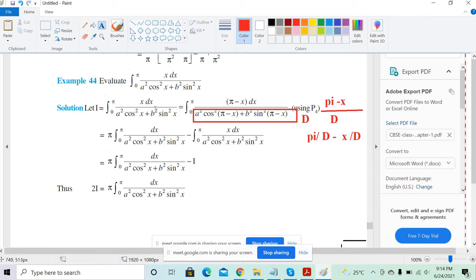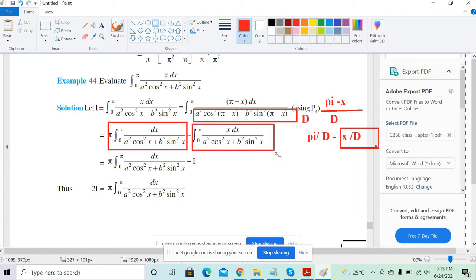So that's what is done here. The denominator is this: pi is the numerator and this entire thing is the denominator. And this is x, and this part, x by D, is nothing but this. Got it?